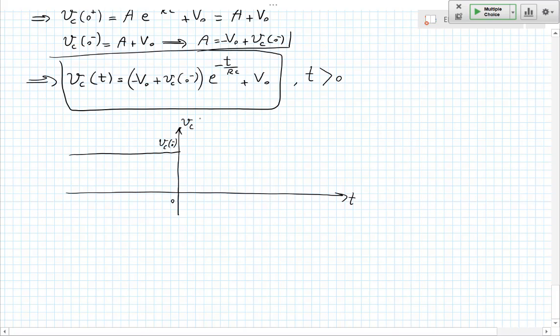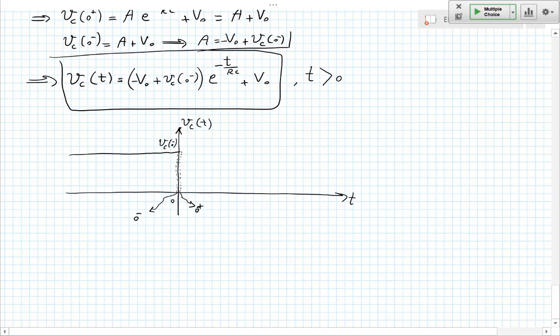So this is Vc as a function of time, right? All the way to this point, 0 minus. And then this is the point 0 plus, which is infinitesimally close to the vertical axis.